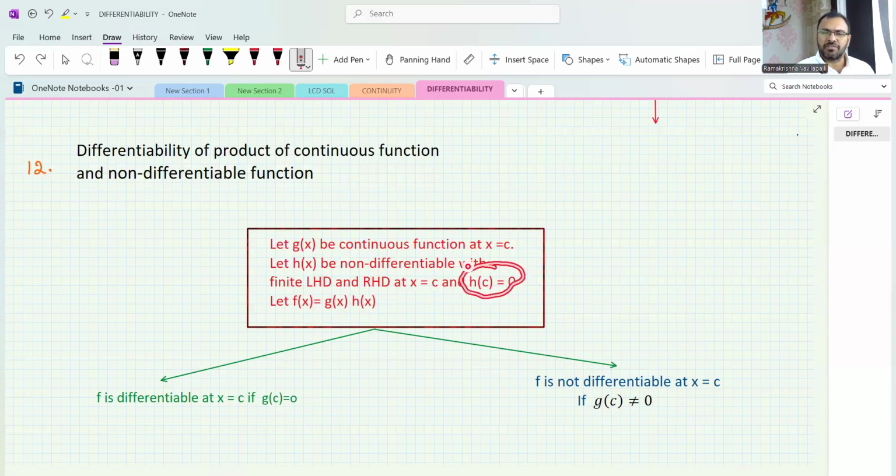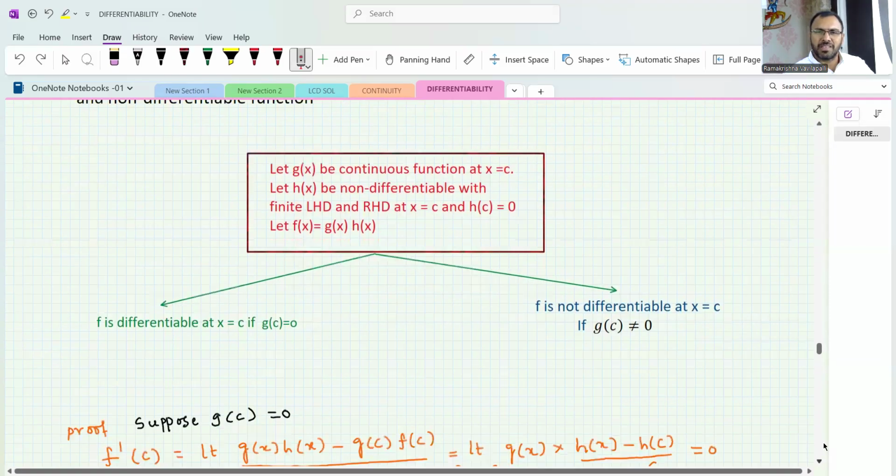Remember, this is a very important point: even though h is not differentiable, it must have finite LHD and finite RHD, not infinite. Every point is important to establish a theorem. Let f of x equal g of x into h of x, where one is a continuous function and the other is non-differentiable. Now, how do we make this differentiable, and when is it non-differentiable?